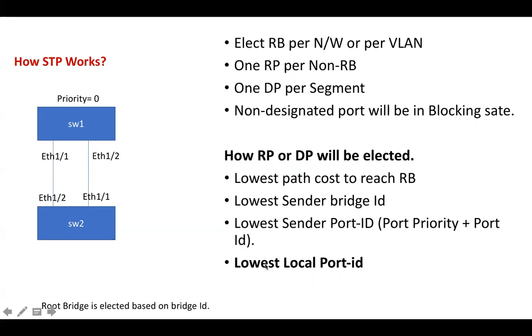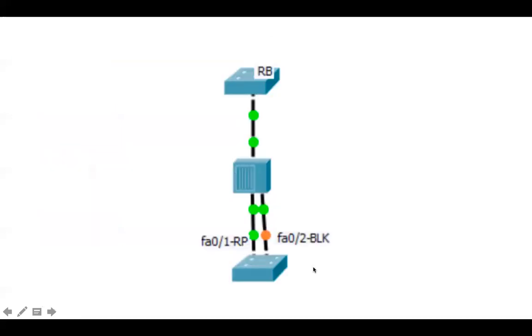The other one is lowest local port ID. We can see everything is matching up to this mark. Then when can we come across lowest local port ID? Here is the case. For example, I have connected two switches using a hub.